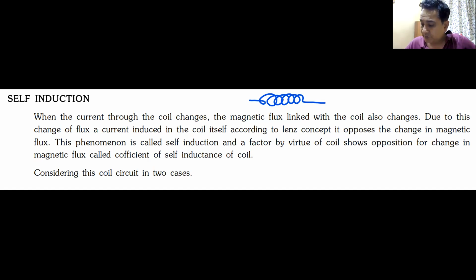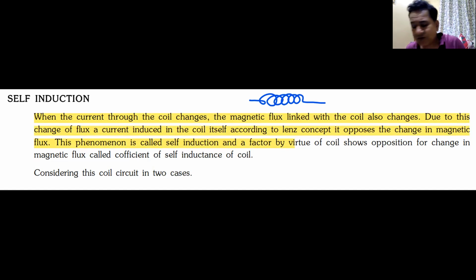Whenever current is flowing in a coil and due to this flux is linked with the coil, when the current in the coil changes with time, the magnetic flux linked with the coil changes with time, and an EMF will be induced in the coil which will try to oppose the change in flux.